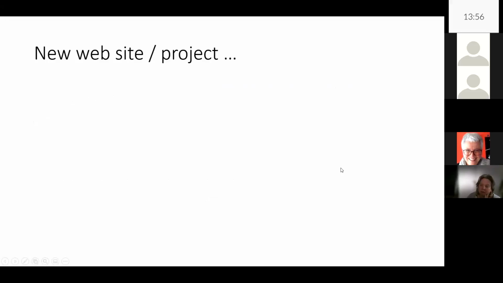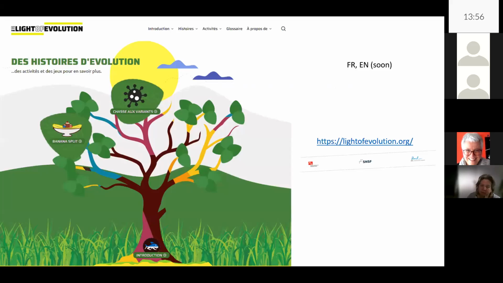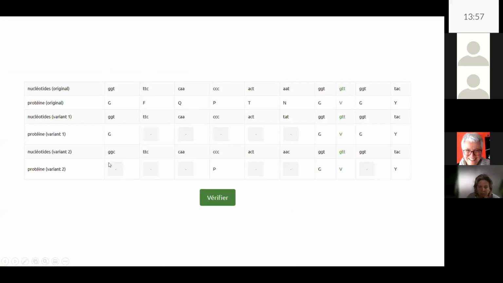So we now have a new website. It's in French yet, but we're going to publish it in English very soon. And we have taken some of the examples about SARS-CoV-2, so people can translate the protein sequence directly online and look at the effect of the mutation on the protein, if there is an effect or not.